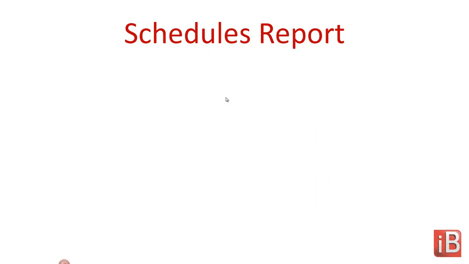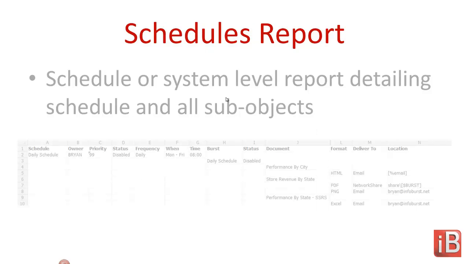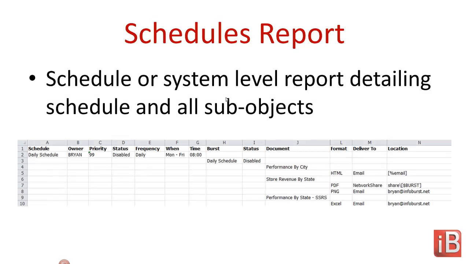So let's talk about that Schedules report. In 123, we've introduced the ability to generate an Excel report for either an individual schedule or all schedules in the system, where the report details the schedule and all sub-objects and their configurations within the schedule. So in the screenshot we see here, for example, we have a schedules report for a single schedule.